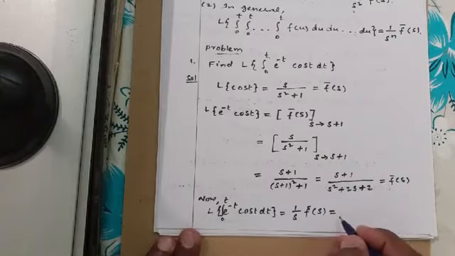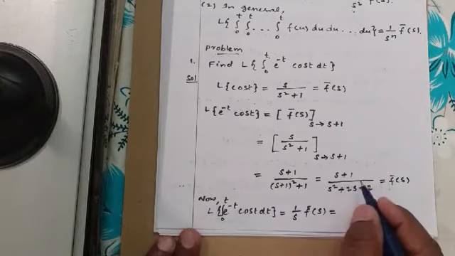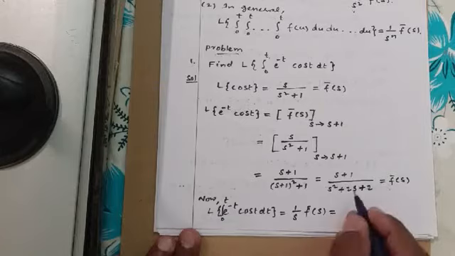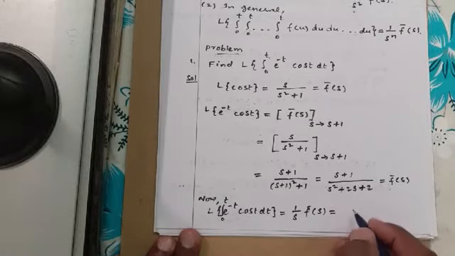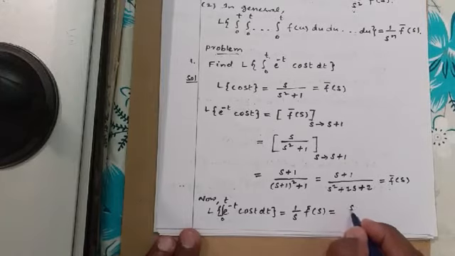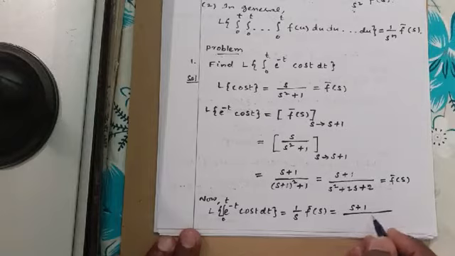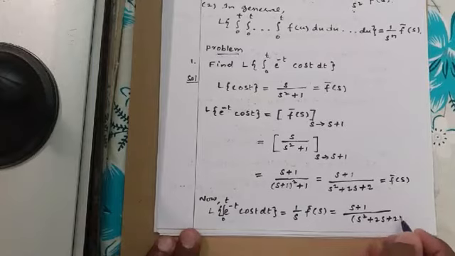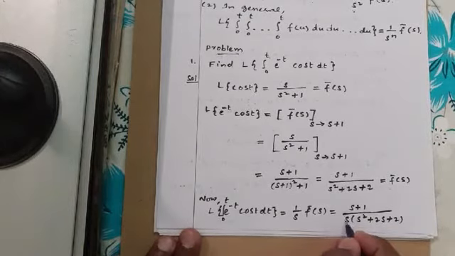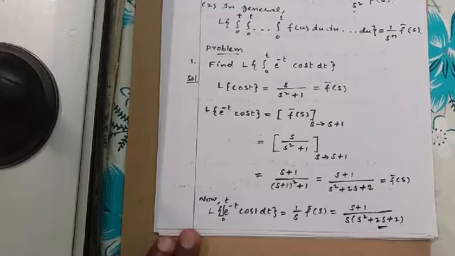So equal to, now we got f bar s as s plus 1 by s square plus 2s plus 2. So we can write this as s plus 1 upon s square plus 2s plus 2, and this s I am writing here. So this is the answer for this.